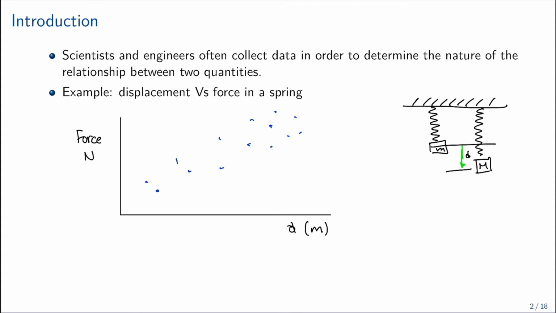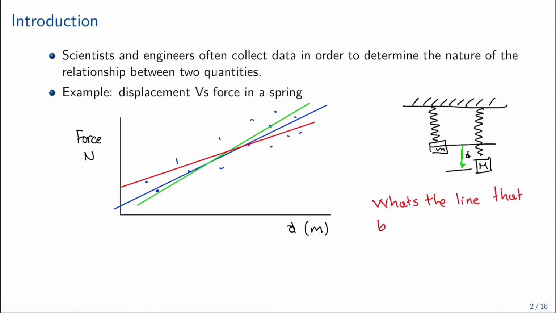And if we do it by hand, probably it will be something like that, or maybe someone could tell me that this one is probably better, or this one is probably better. So the second question that we have is, what's the line that best fits the data?